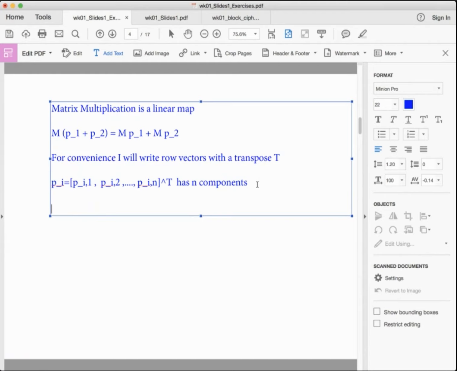Do you remember what a basis is? A basis in a vector space is a way of writing the vector as a linear combination of some basic vectors. So for example, I get 8: 1, 2, 3, 4, 5, 6, 7, 8.